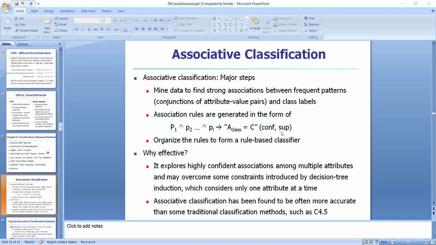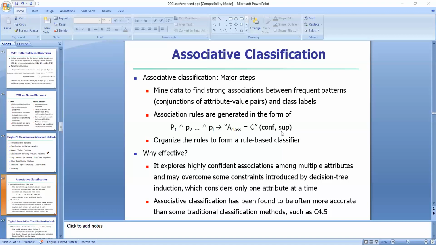The output of the Apriori or FP-growth algorithm is the frequent item sets. Then we calculate the confidence and support for each rule, and whichever rules satisfy minimum confidence and minimum support, we take as strong association rules. The same strong association rules and frequent item sets, we can make use of in the classification process also.